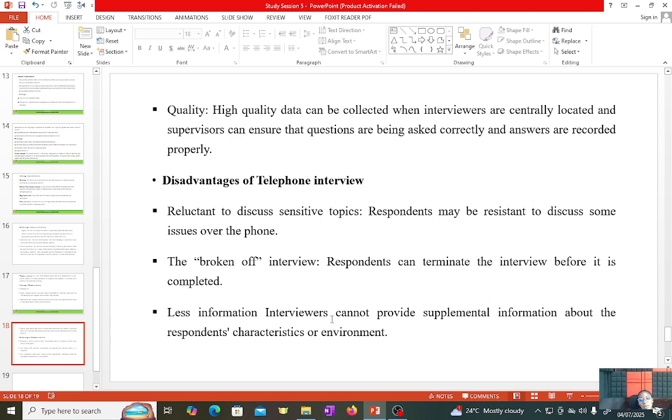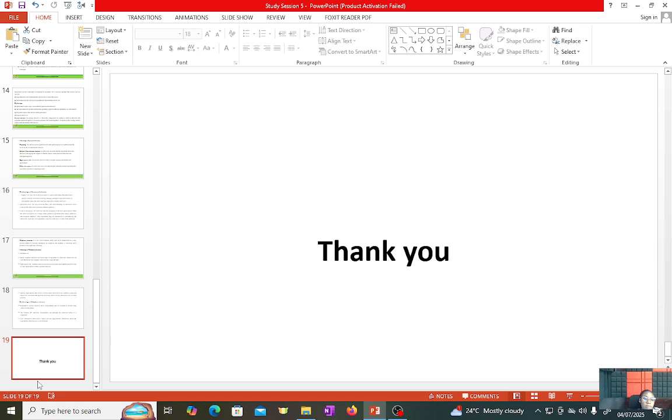The interviewers cannot provide supplementary information about the respondents' characteristics or environment because they are not there in person. They are only working with the information they are able to get over the phone.